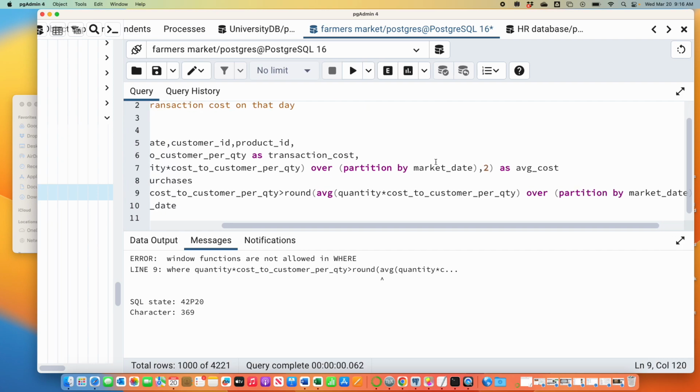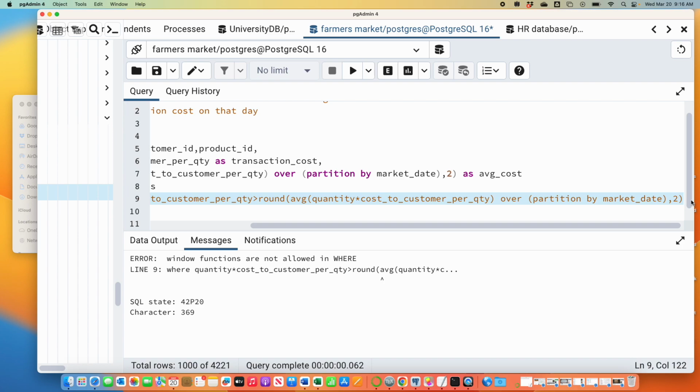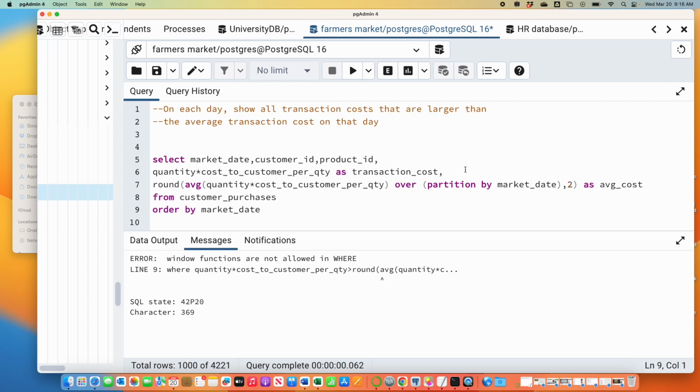Yeah, so you can't use an average in a where. So you have the exact right idea, John. It's just not going to let you because of SQL's quirks. It doesn't like this. But you're right that that's the kind of thing you want to do. It's just that, again, it won't let you reference this average in a where.